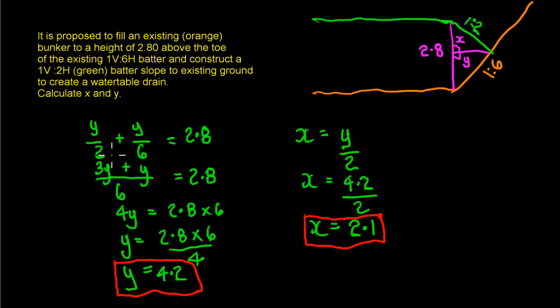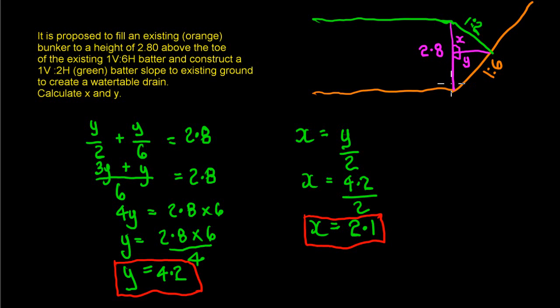So y over 2 plus y over 6 will equal 2.8. Y over 2, y divided by 2, will be this little bit here, or x actually. X equals y over 2, obviously there.